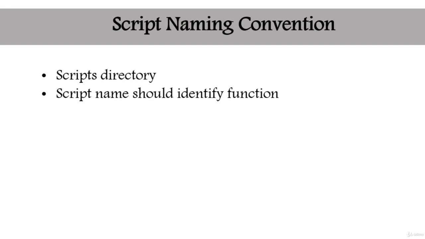If your script is going to check today's date, and you are naming it XYZ, then a few months from the day you create it, you're going to forget what XYZ is for. So it's good that you name it like date, or my date script, or something like that.